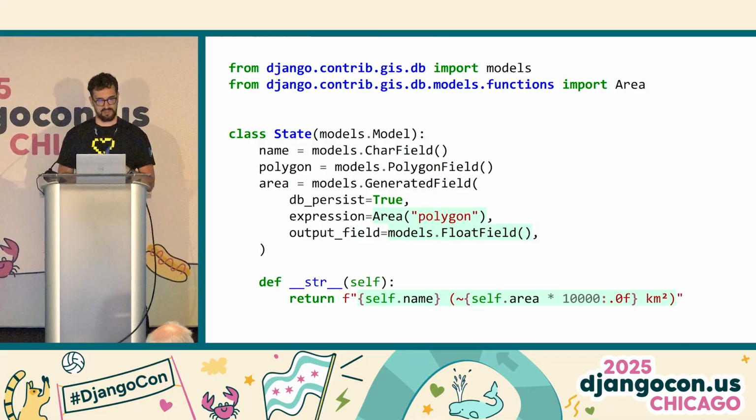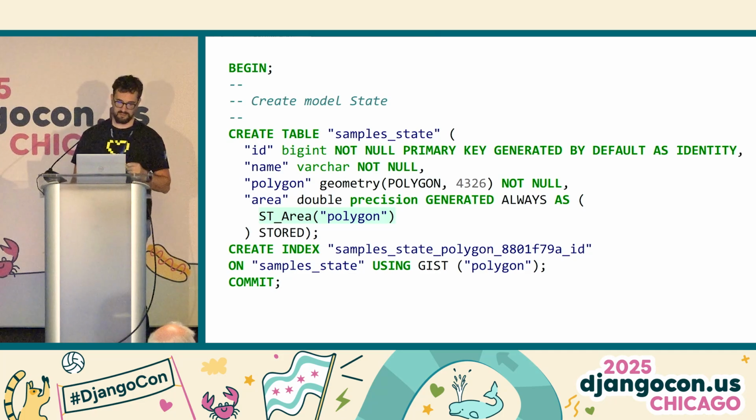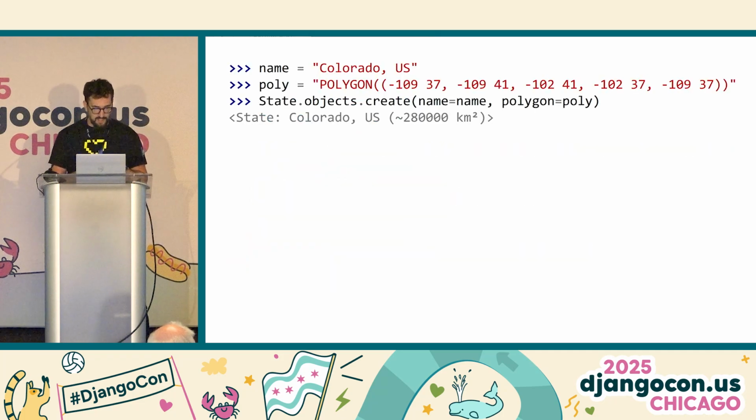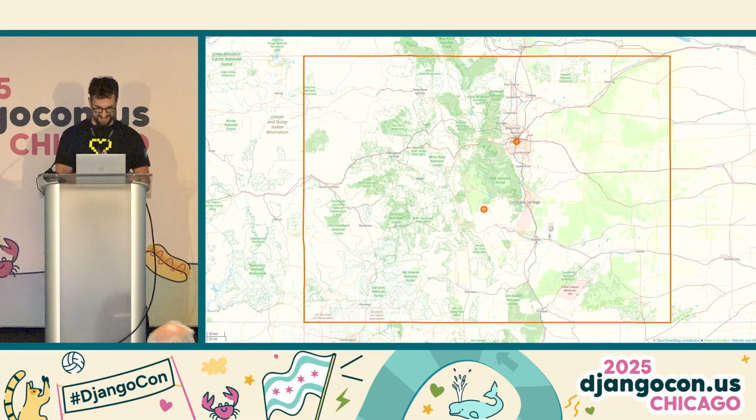In this case, we have the name and a polygon, and we want to automatically calculate the area of it. And this is what it looks like in SQL. I'm showing you this because Colorado is more or less a rectangle on the map, which is strange for me. And in searching for the border, I found that more or less it's like that.